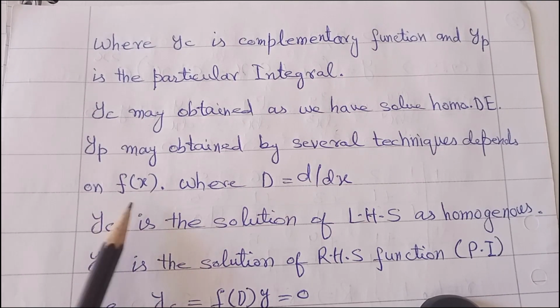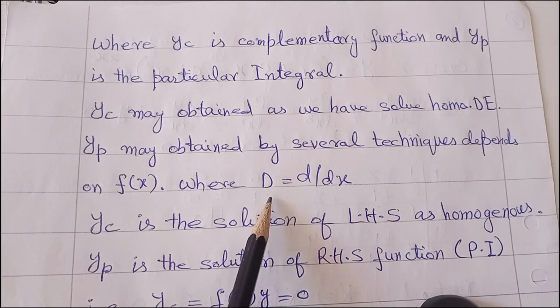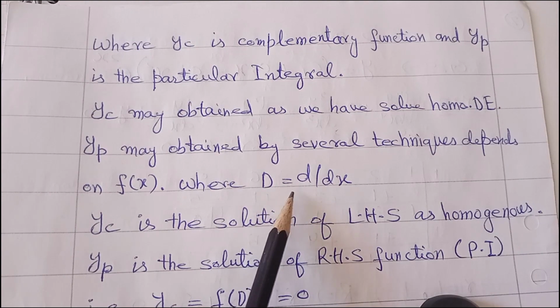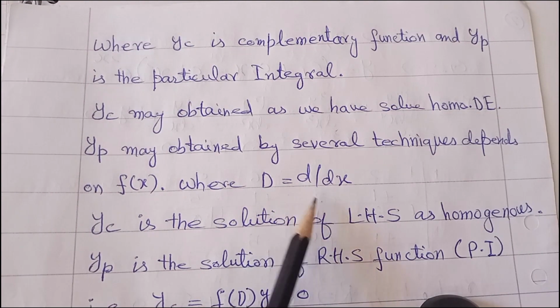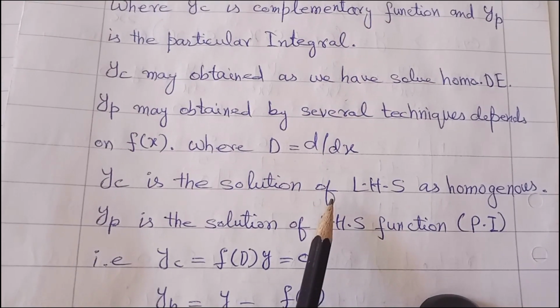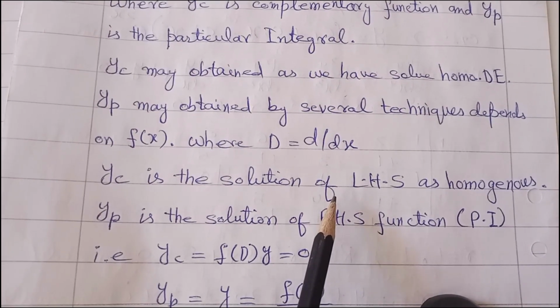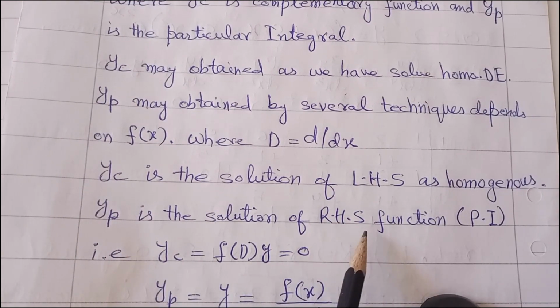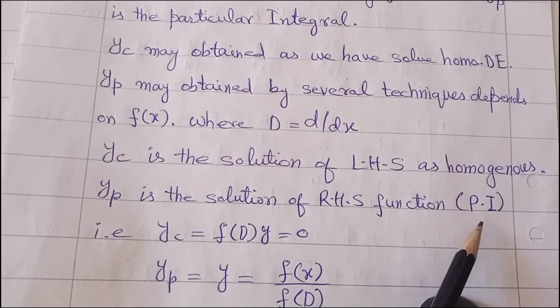And as I told you, capital D denotes d upon dx. So yc is the solution of the left hand side as a homogeneous part, and yp is the solution for the right hand side function, that is the particular integral.